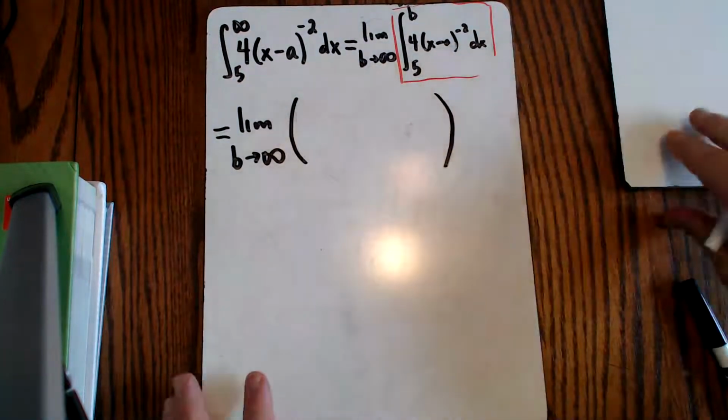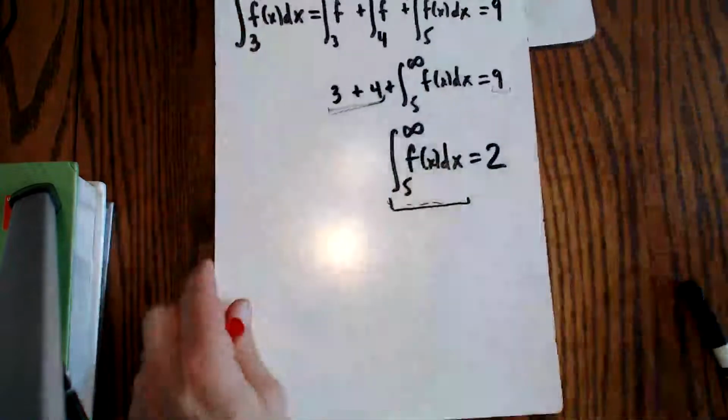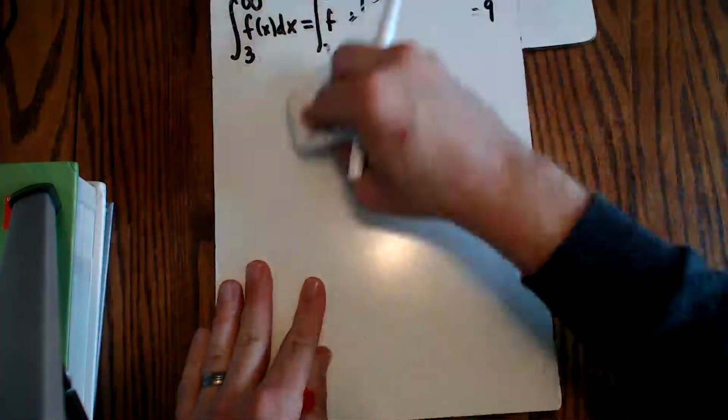Let me do that integral over here on this other board. I'll erase the other board. I told you this is going to be a really long problem. It's a good problem, but it does take a lot of writing.